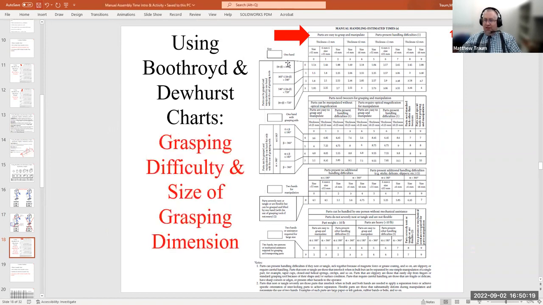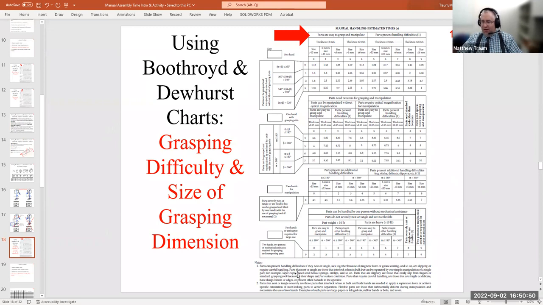Okay, so once we get the symmetry angles sorted out, then we go to the top and we have to decide whether the parts are easy to manipulate or difficult to manipulate. What defines difficult to manipulate is encompassed in this little sub footnote here, right? So number one takes us down here. So parts can present handling difficulties if they nest or tangle, stick together because of magnetic forces or grease coating, and so on, are slippery or require careful handling.